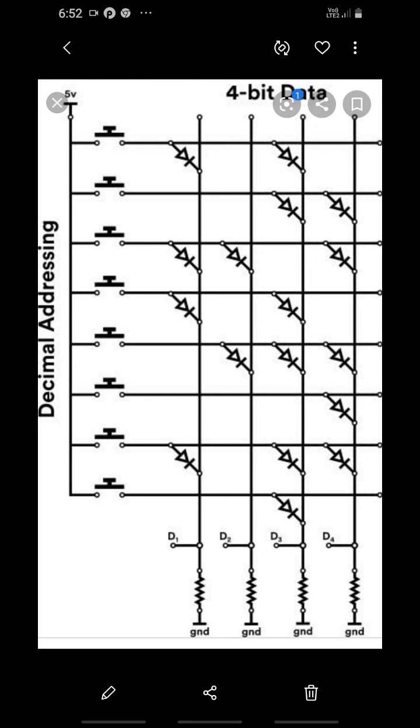The words are permanently stored once the diodes are wired in place. So this is about the working of the diode row.